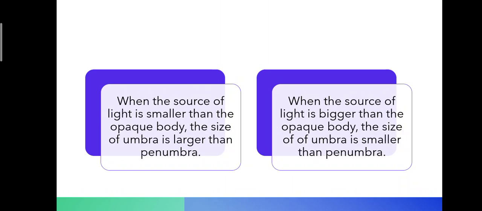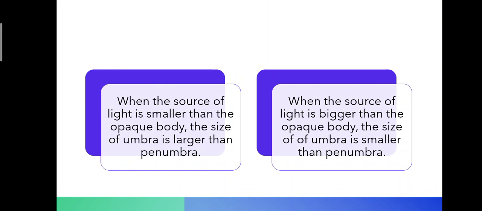Clear? Now, the third point: when the source of light is smaller than the opaque body, the size of the umbra is larger than the penumbra. We have learned that the two regions of a shadow are umbra and penumbra. Umbra is the region of total darkness, and penumbra is the region of partial darkness.